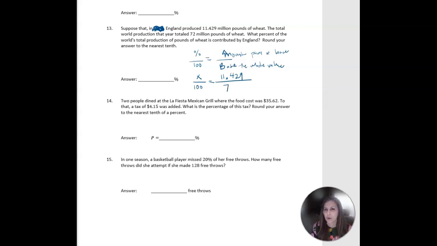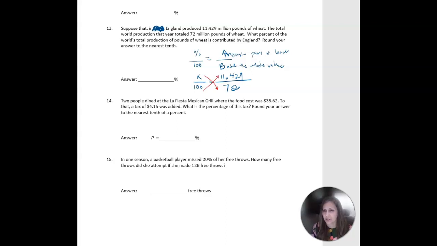So in the whole world, 72 million pounds of wheat are produced. Now, notice that these are both in millions, 11.429 million and 72 million. Since the units are the same, we can just leave it as is, and we'll have a percent. So we're going to cross multiply here, and then we're going to divide by 72.